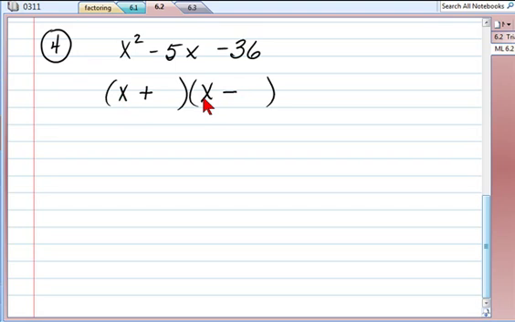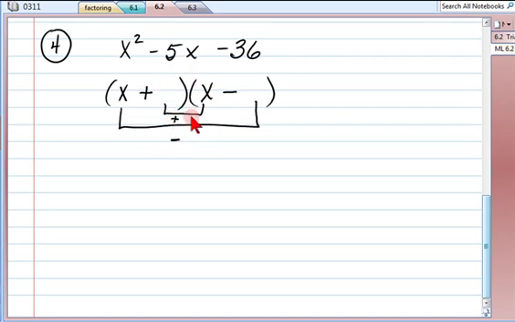Now, I'd like you to take a little look up here. My outer and my inner products. Does everybody see that the outer product will be a negative quantity? Because it's an x times a negative number. The inner product will be x times a positive number.